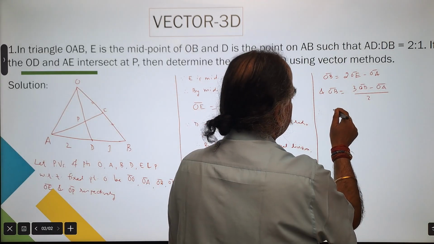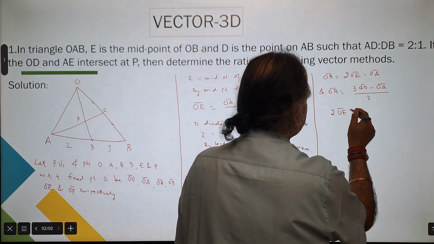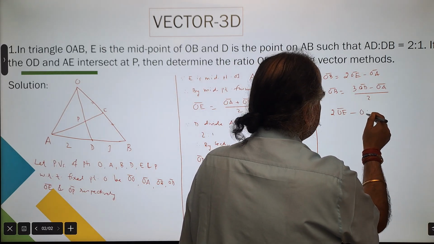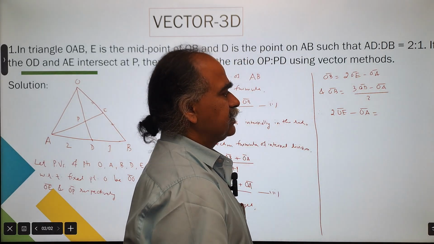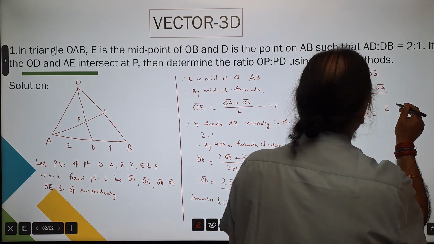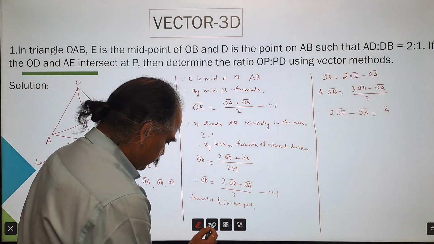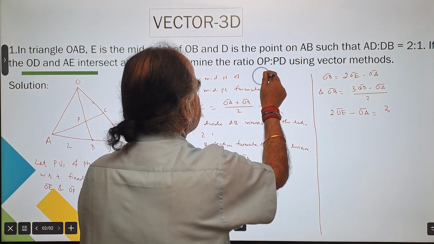Therefore, 2 OE bar minus OA bar is equal to 3 OD bar minus OA bar. Sorry, there is a mistake. E is the midpoint of OB.